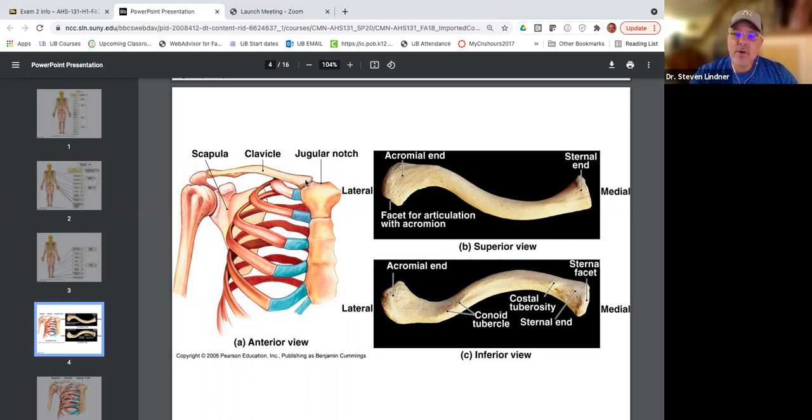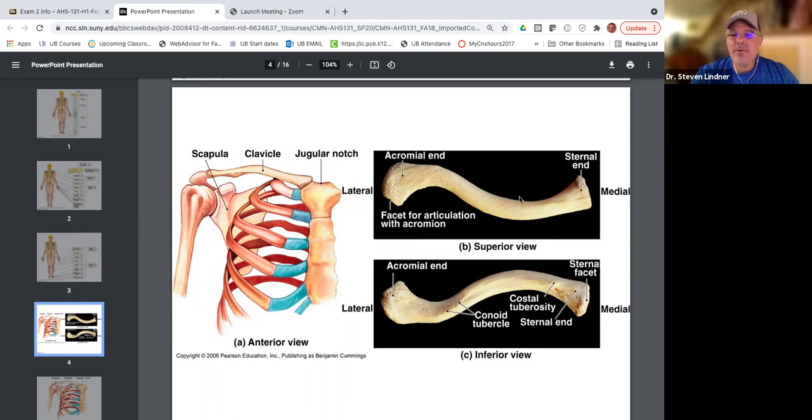Then the lateral end is called the acromial end because it articulates with the acromion process of the scapula, which is the highest point of the scapula. This joint is typically referred to as the AC joint. AC stands for acromioclavicular joint.